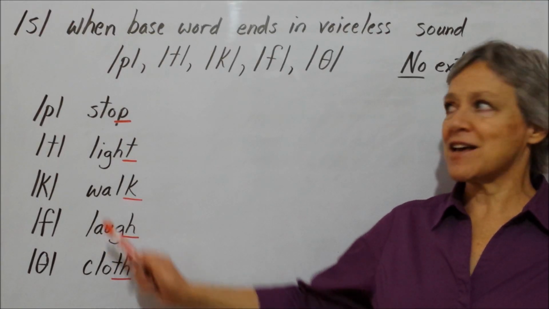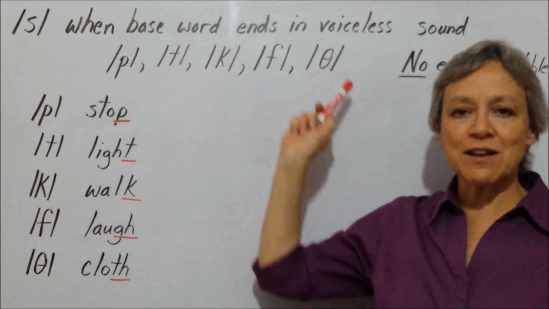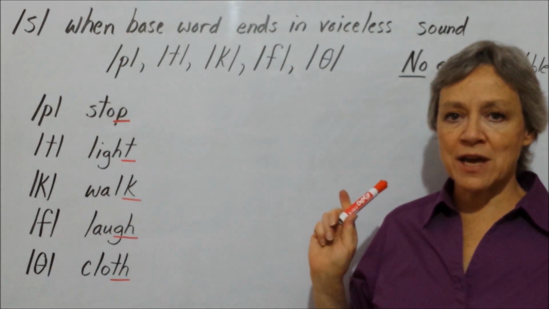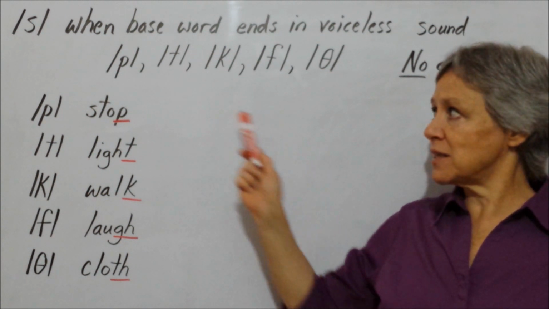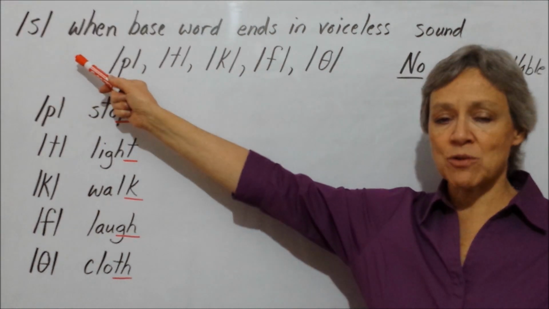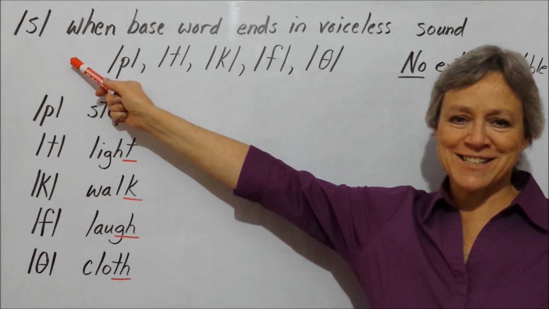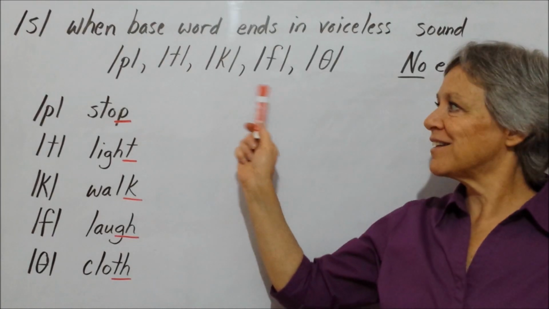The s ending sounds like s when the base word ends in a voiceless sound other than the ones we've already seen. So if the base word ends in one of these voiceless sounds, then the s will sound like the voiceless s sound. Okay? Voiceless plus voiceless.